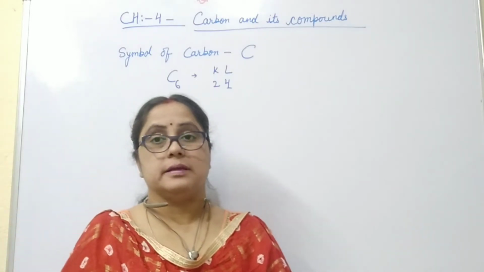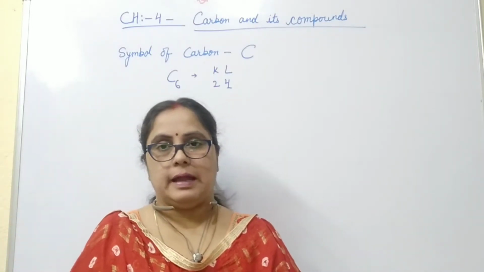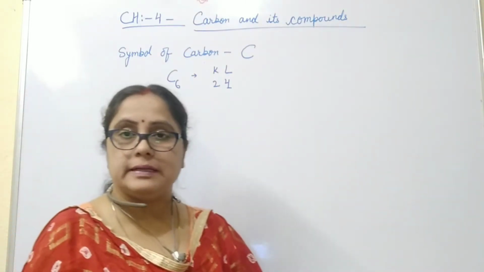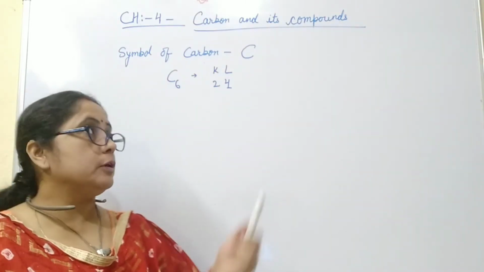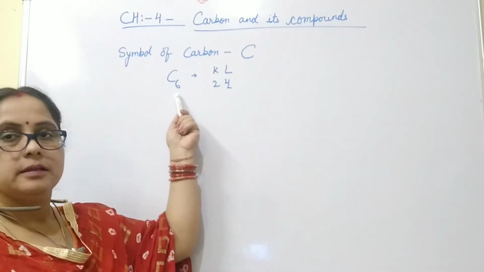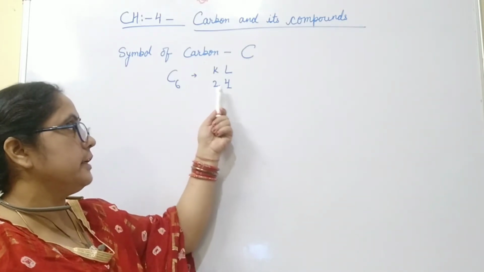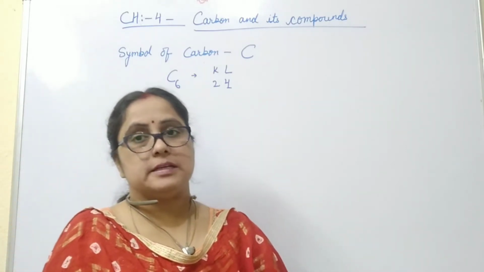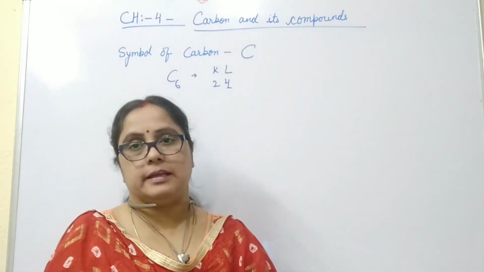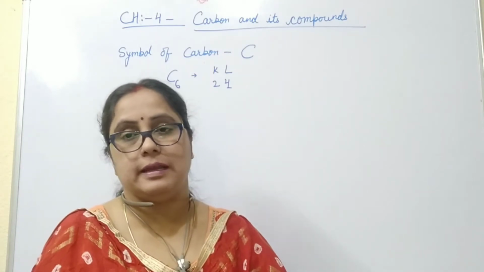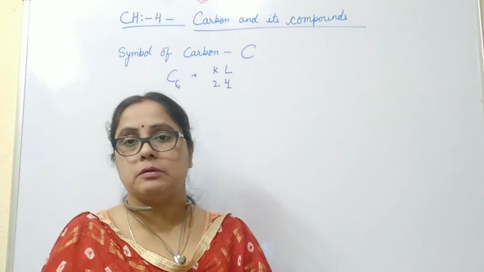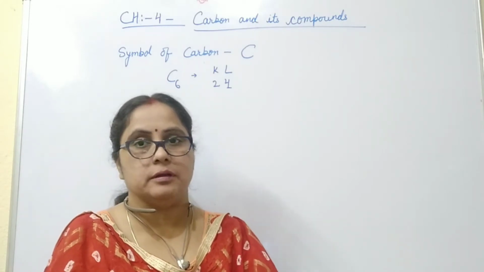Students, carbon is an element and the symbol of carbon is C. It is a non-metal and the atomic number of carbon is 6. Therefore, its electronic configuration is 2 and 4. Carbon is present in all living things, in plants, in animals, including human beings also. Most of our food materials contain carbon.